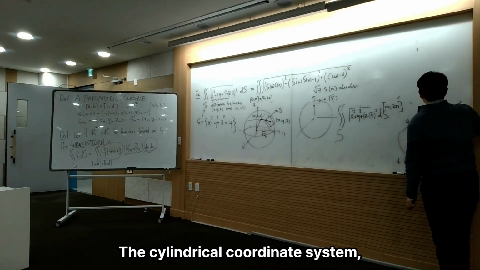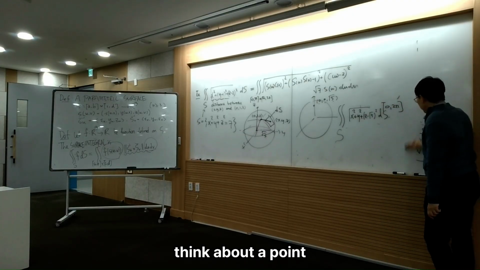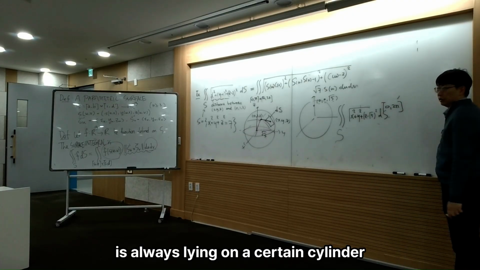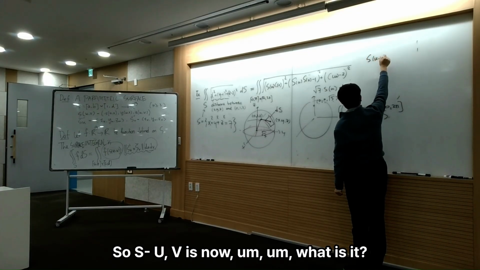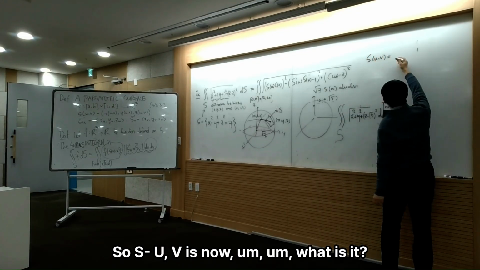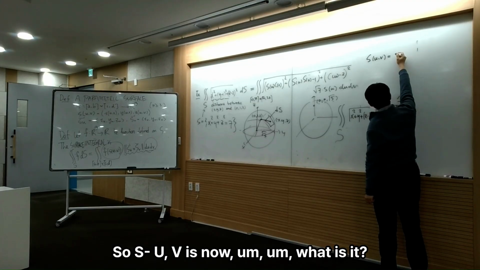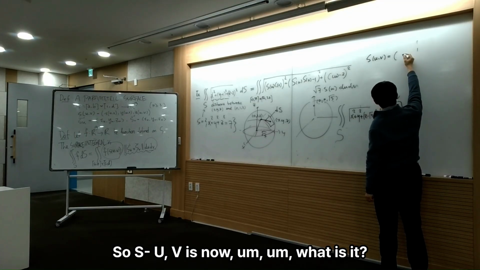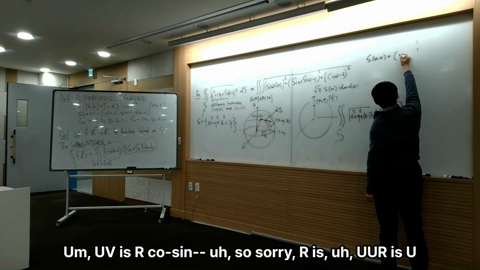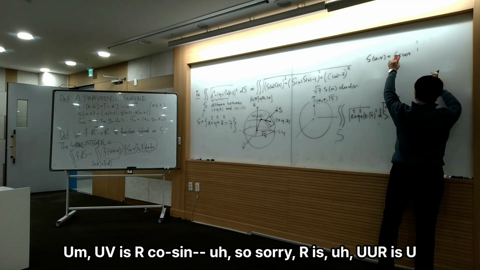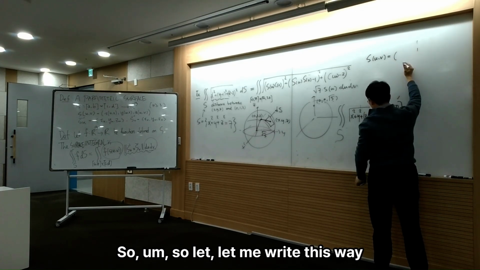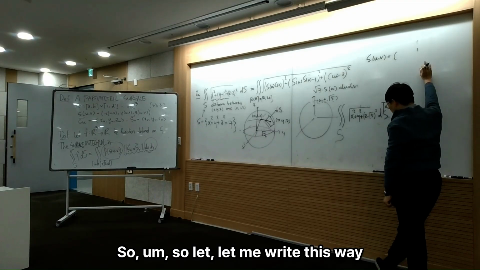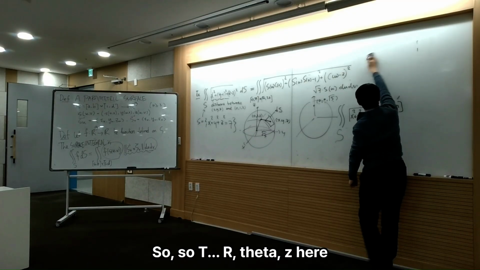In the cylindrical coordinate system, think about a point always lying on a certain cylinder.